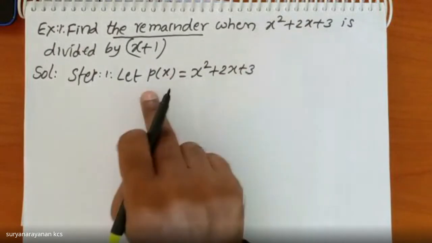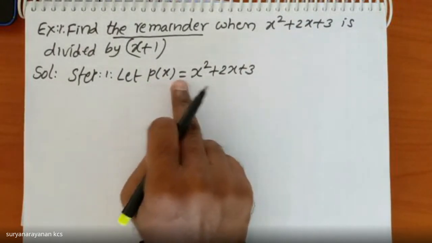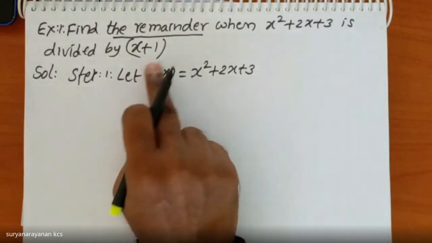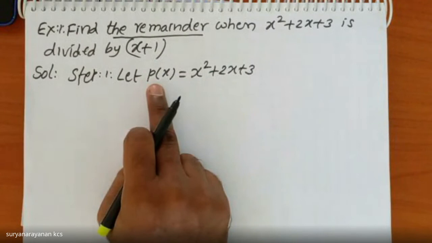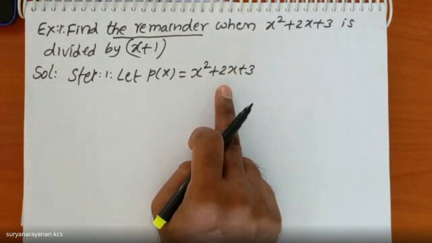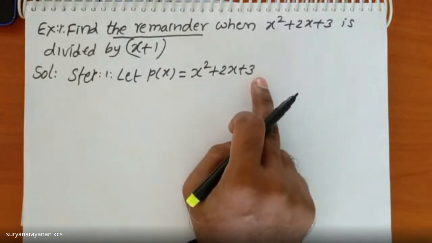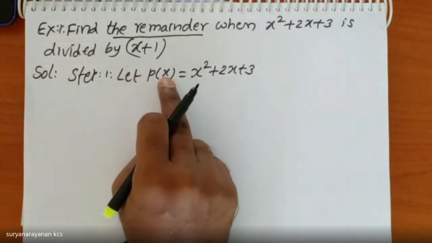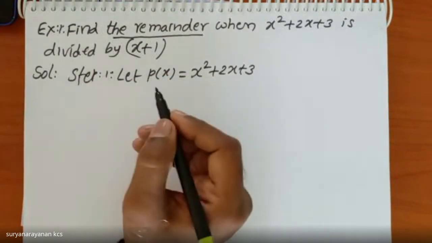So for our convenience, we have named the polynomial P of X. To denote this polynomial, we have just used this notation. P of X is a polynomial defined as x square plus 2x plus 3. This is the first step. They will not give P of X. Understood this step 1?